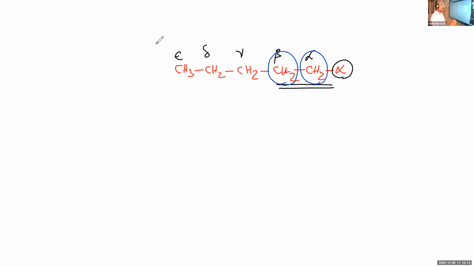And hydrogen on the alpha carbon, that is alpha hydrogen. So in methanal, there is no alpha carbon at all, so there is no alpha hydrogen. But in the compound I have written here, there is an alpha hydrogen, and similarly a beta hydrogen also. So remember these two terms, alpha and beta.